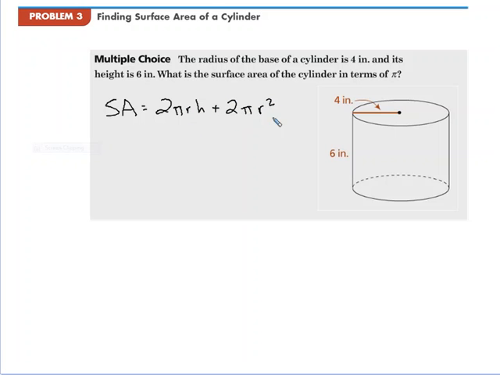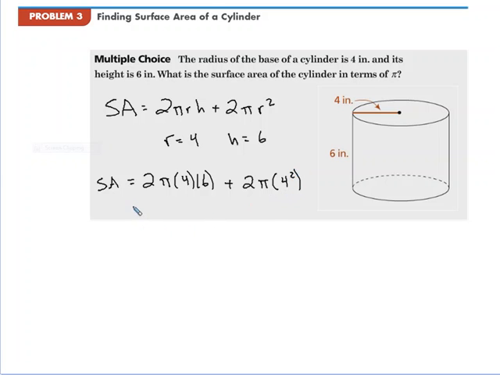And let's just make a note of the quantities we're going to need. We need to know what the radius is, which is 4, and the height is given to be 6. And so we're just going to fill it in now. It's 2 times pi times the radius 4 times the height 6. And on this side, it's 2 times pi times the radius squared, which is 4 squared.